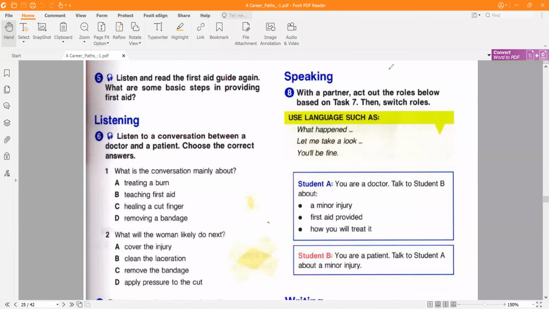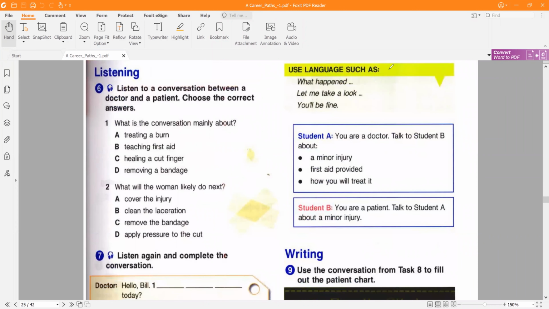Now we are going to listen to the second part of the conversation between a doctor and a patient. We are going to choose the most appropriate answer. So number one, what is the conversation mainly about? Treating a burn, teaching first aid, healing a cut finger, removing a bandage. Two, what will the woman likely do next?